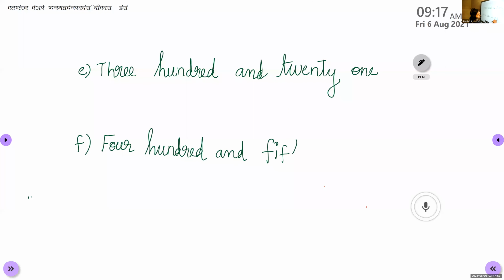So let us see the answers. You have to write in numeral. For that, first we have to write the places. After that, you have to write the digits. Okay. Malaviga, first one.